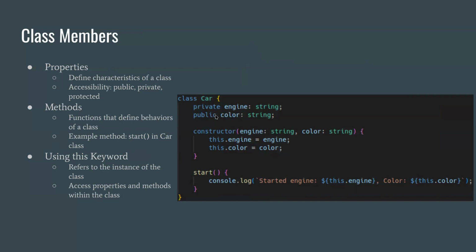For instance, private properties cannot be accessed outside the class. This is useful for encapsulating and safeguarding your data. And the this keyword, as you see here, refers to the current instance of the class, allowing access to its properties and methods.